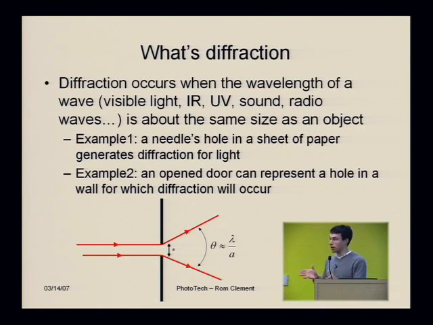A very simple case is a very tiny needle hole in a sheet of paper, where we can have diffraction for visible light. Or even an open door in a wall would generate diffraction for a wave around 100 megahertz.